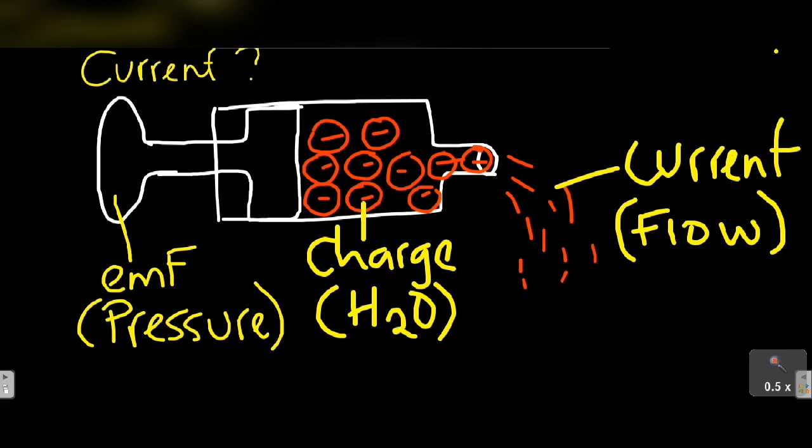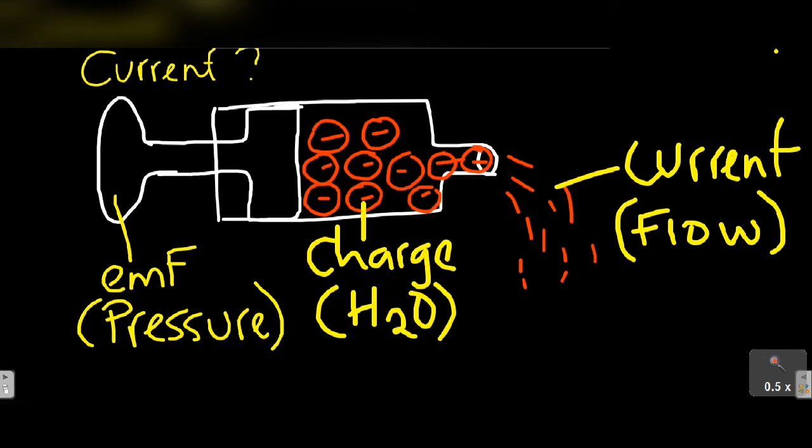And we also have some red drawings here, some red circles with dashes inside of them, and these red circles are the negative charges that are initially inside the wire. Or in terms of the syringe, this can be said to be the water inside the syringe.